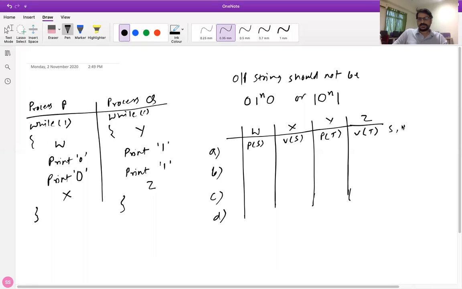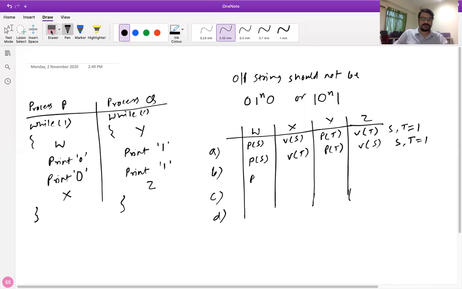Here S as well as T should be equal to 1. And the second option is PS, VT, PT, and VS. Here the value of S and T will be 1.